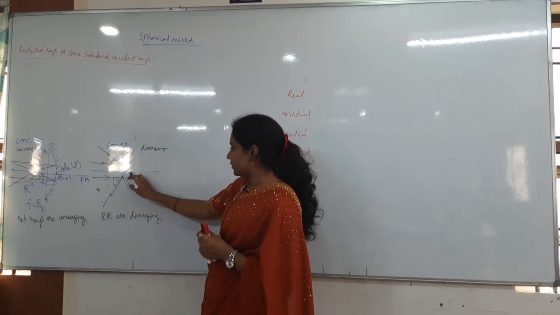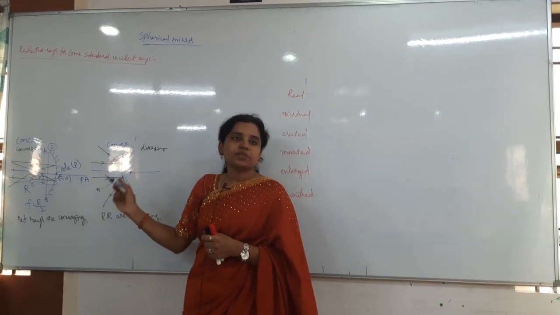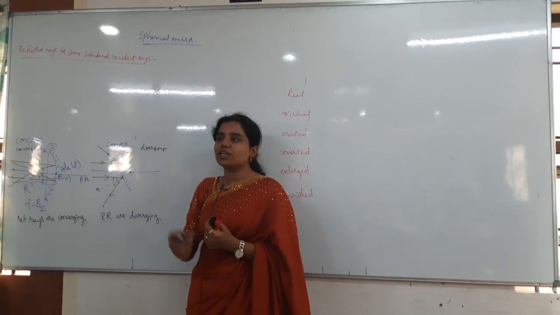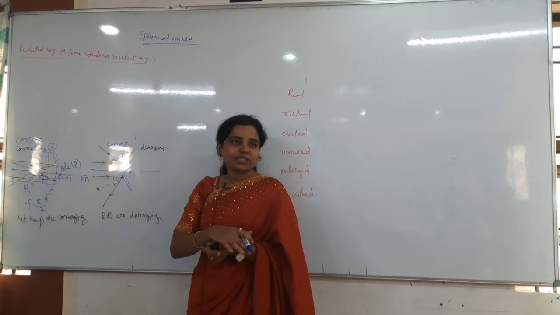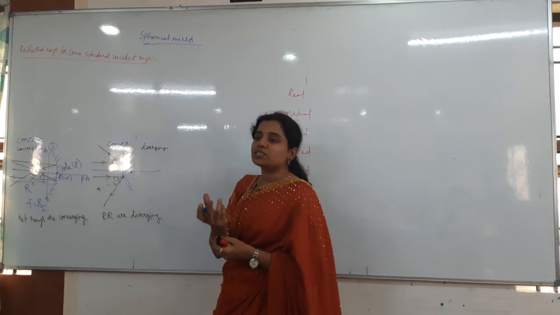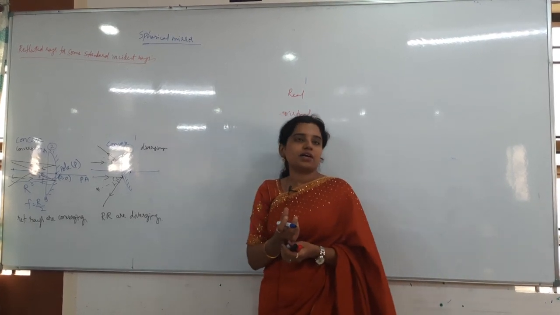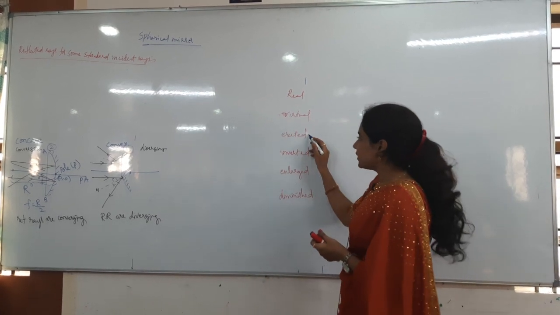Then I can form an image. Which type of image will that be? Virtual image, because we are extending the reflected rays. If it is formed by the real reflected rays, it will be a real image. If it is formed by the extended reflected rays, it will be a virtual image.